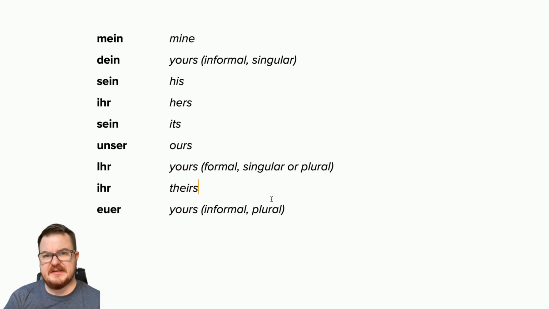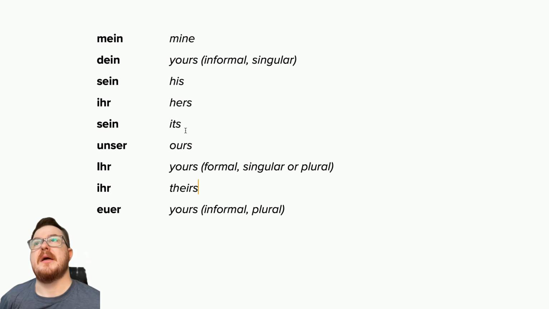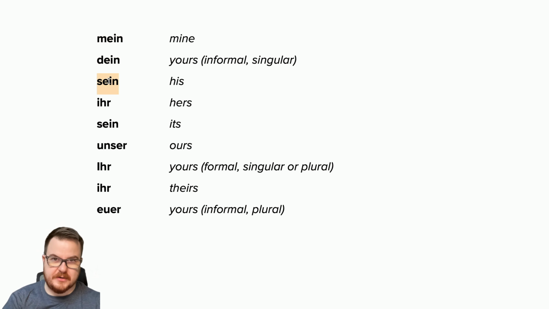Now, this is the point where you might say, Reuben, I recognize these words. Are they not the same as the possessive adjectives? And I would say, yes, this is part of where the confusion comes in. The base form of these words, without any special endings, can be possessive pronouns or possessive adjectives.